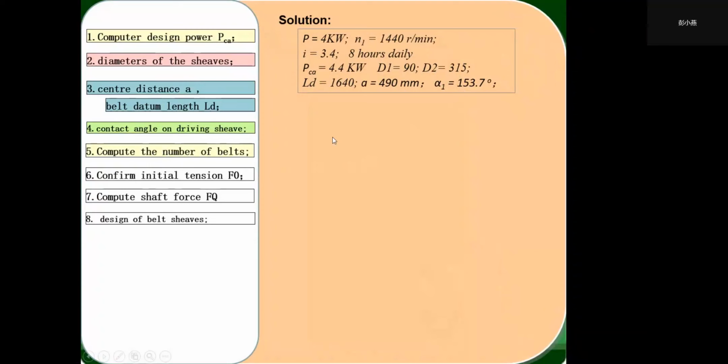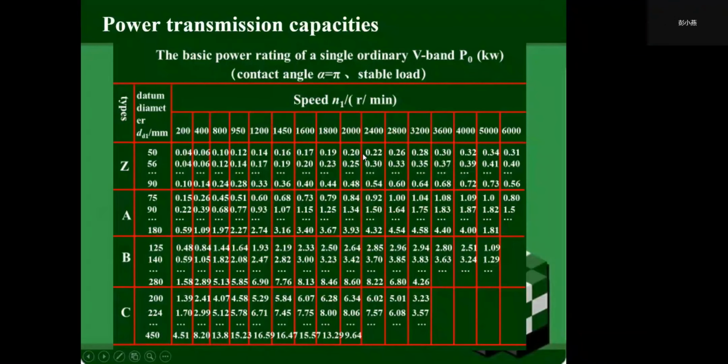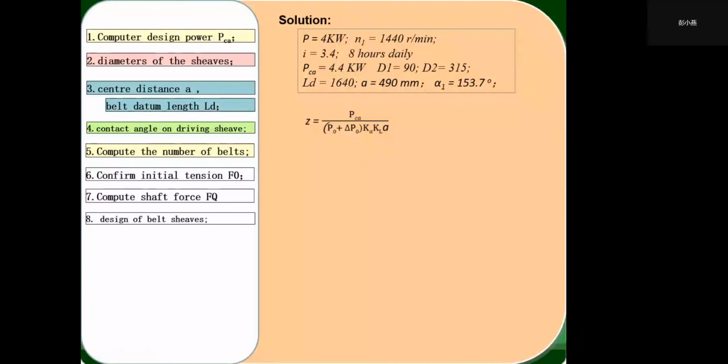How to compute the number of belts? We use this equation to calculate.